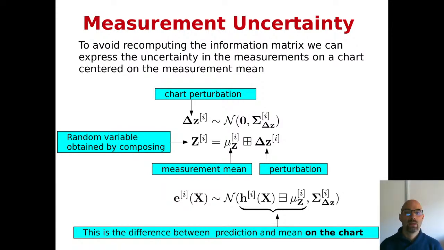Okay? So, if I do so, and I describe the perturbations in such a way, well, then I live better because basically we don't need to remap the covariance all the time, because our covariance or information matrix is computed once and stays attached to the chart. Okay?